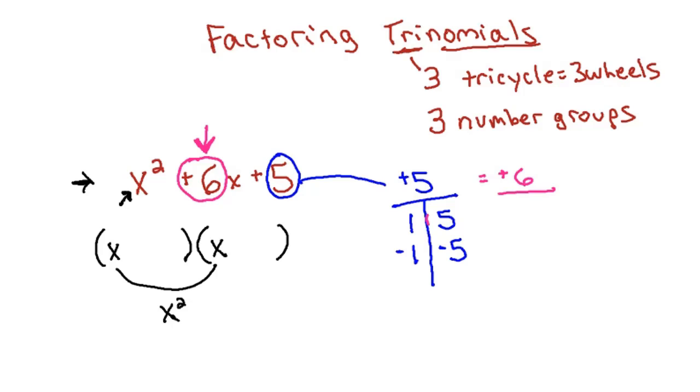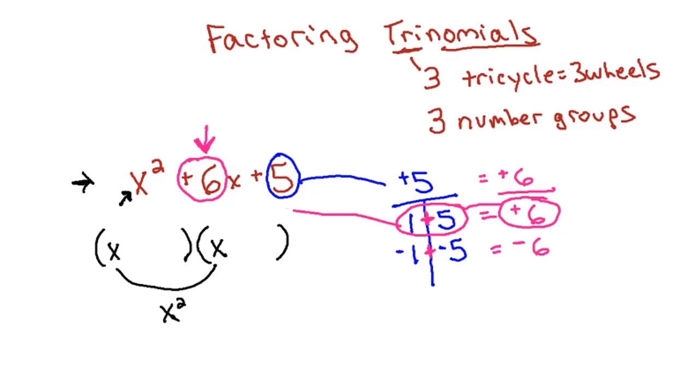So 1 plus 5, when you add these together, is going to equal a positive 6. Negative 1 plus negative 5 is going to equal a negative 6. So we know that this is what we want. So this set of numbers is what we're going to use.